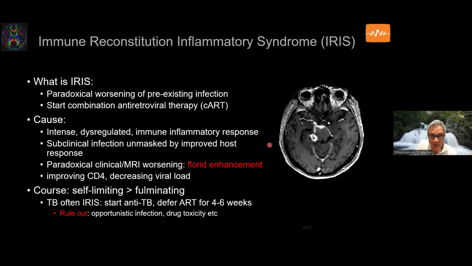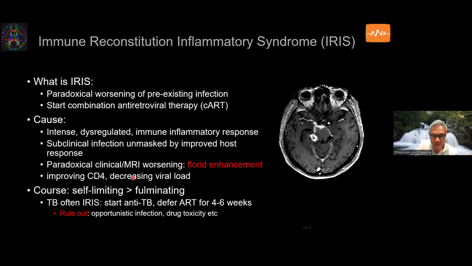Once in a while, we will come across the problem of IRIS, which is an immune reconstitution inflammatory syndrome. This happens when a patient starts antiretroviral treatment and the CD4 count improves.